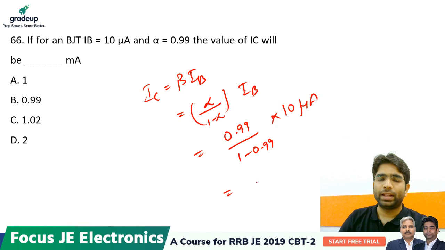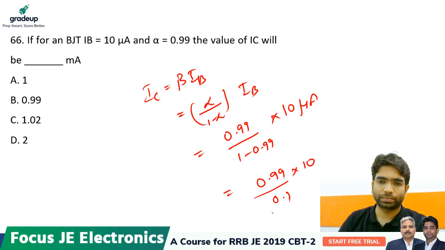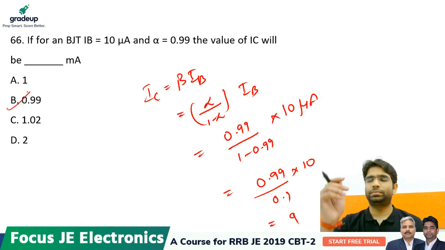Can you say that it is 0.99 by 0.01 into 10? B option, correct.